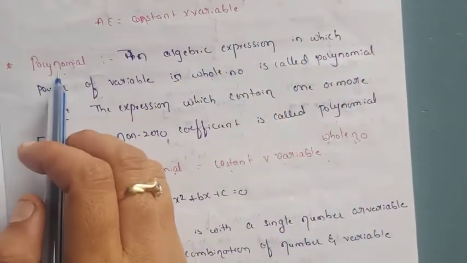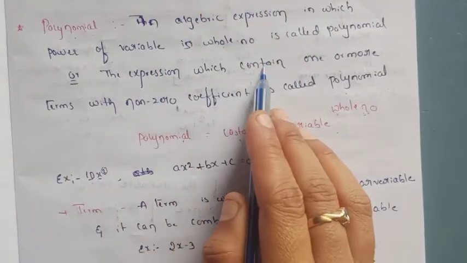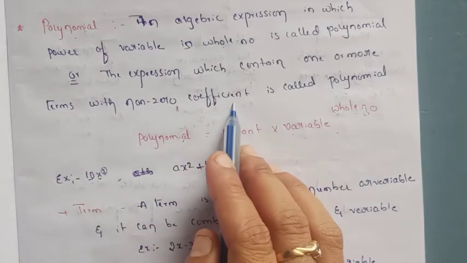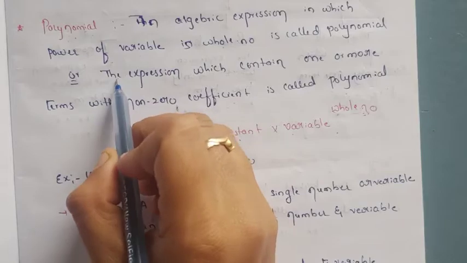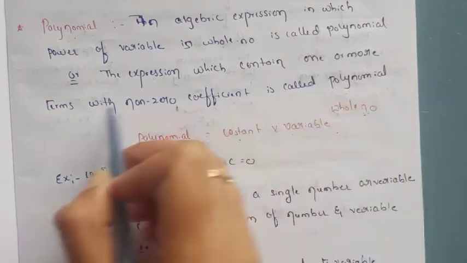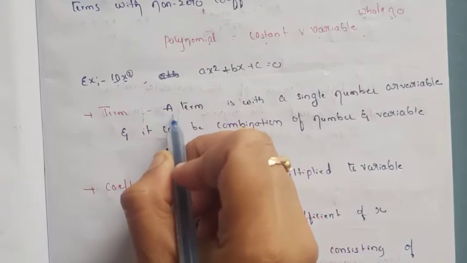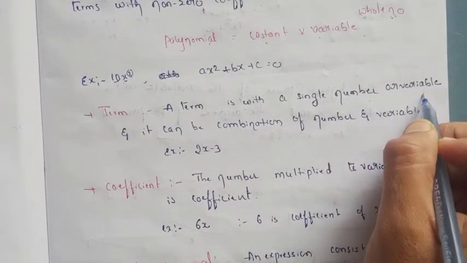And another definition for polynomial: the expression which contains one or more terms with non-zero coefficient is called a polynomial. What do you mean by terms? A term is a single number or a variable.